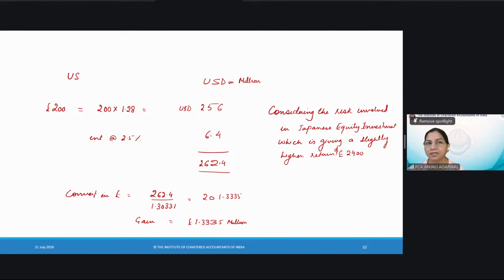So 200 million is invested. On that investment, if you're getting just 2,400 pounds extra, considering the risk involved in Japanese equity investment, which is giving a slightly higher return of 2,400 pounds, it is worth investing in US government securities only.